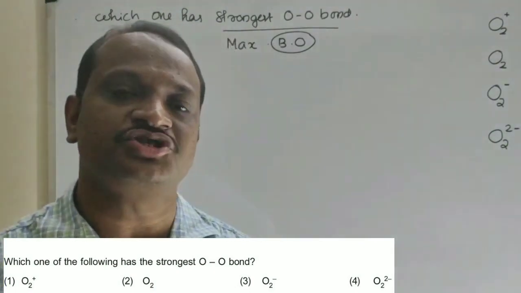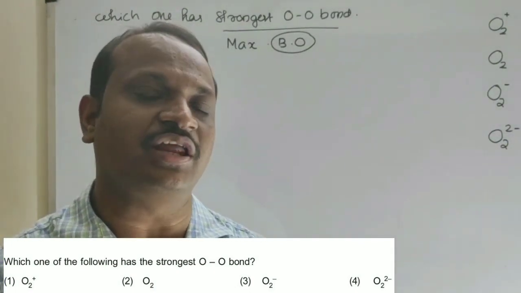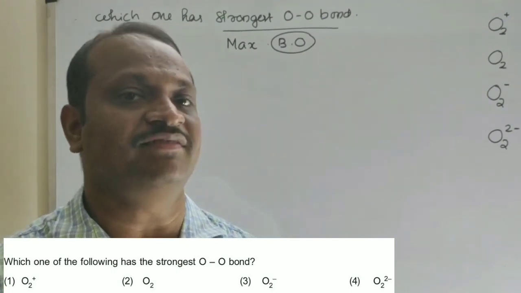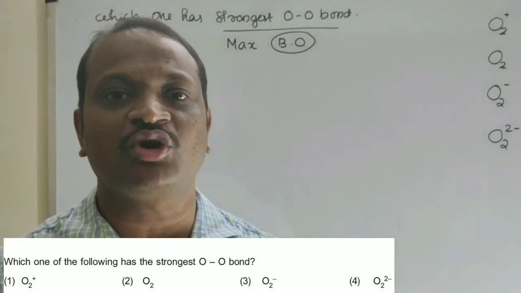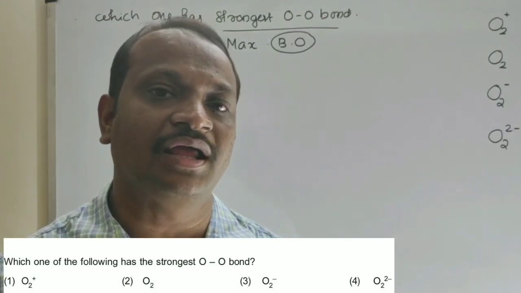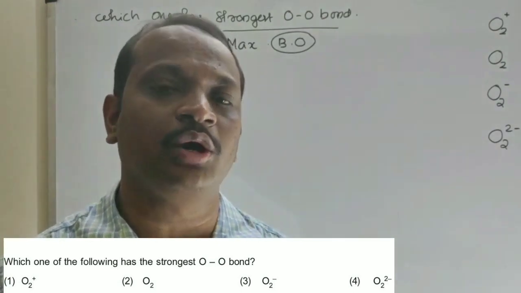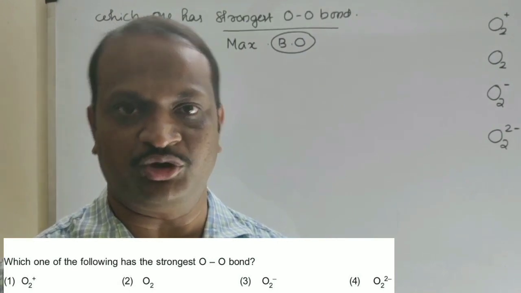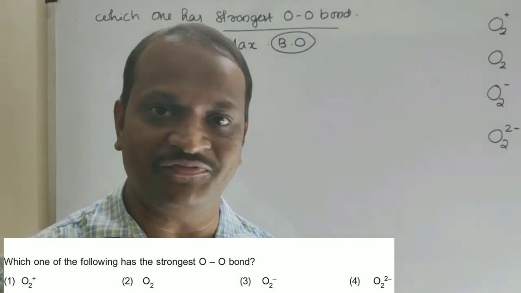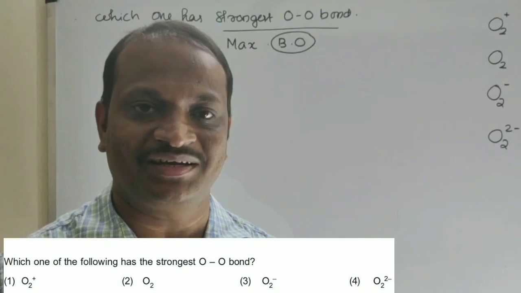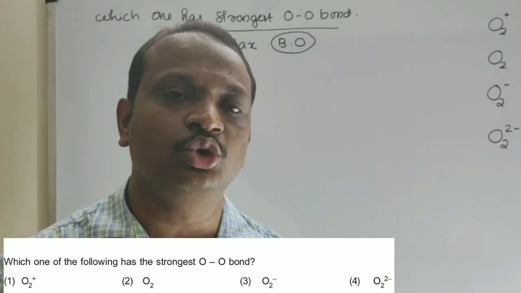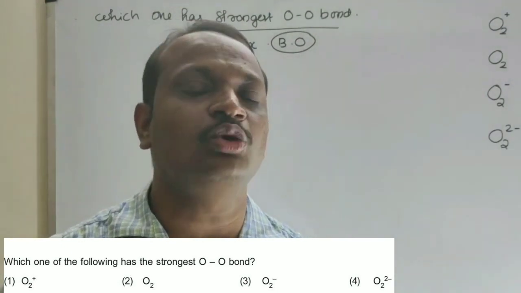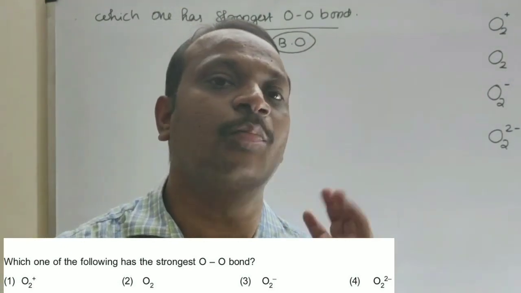To solve this question, you don't need to study the MO diagram or MO theory sequence. Just count the number of electrons and write the bond order directly. That's what I am teaching right now. The other method, definitely you are familiar with that. But what I am teaching right now, there's no need to be familiar with MO theory. Just count the number of electrons and write the bond order.